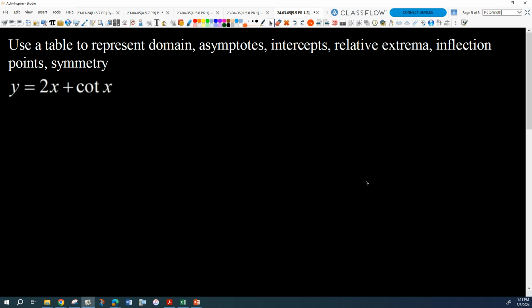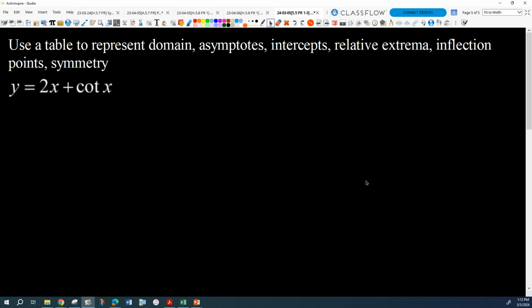All reals? Is it? What part is telling us not all reals? There's a red flag here. Cotangent. Yeah, cotangent is what? It's the reciprocal of tangent. Think of it in terms of cosine over sine, right? Cotangent is cosine over sine. So every place where sine is equal to 0, cotangent would be undefined, right?